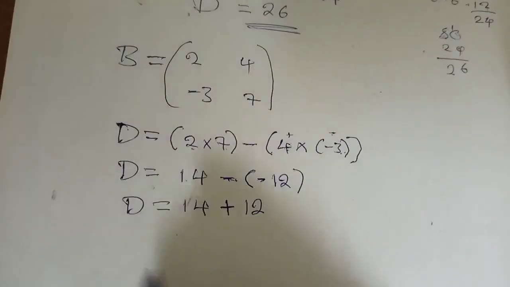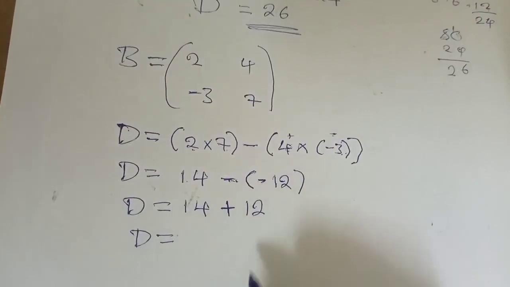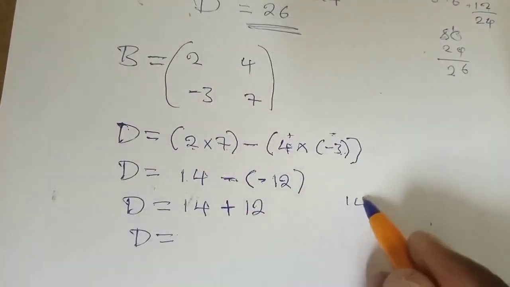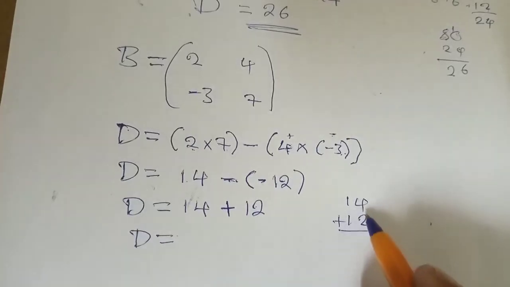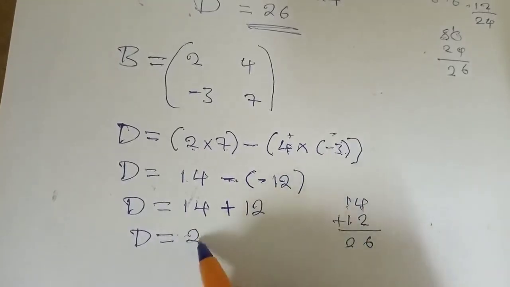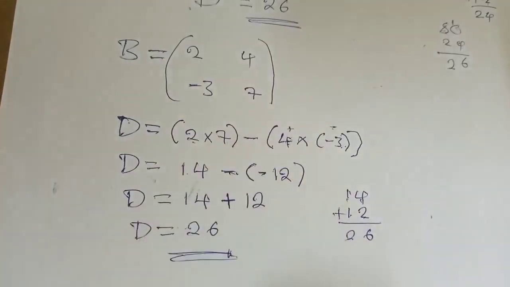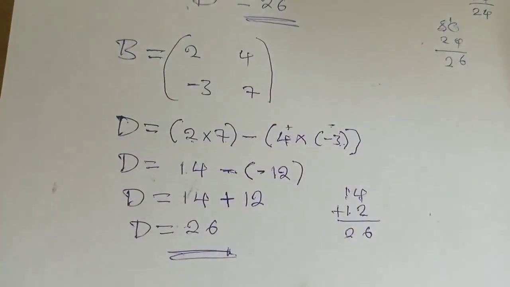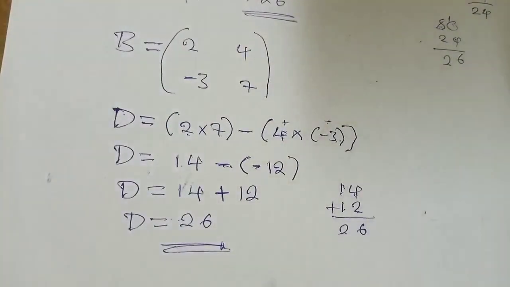So the determinant is 14 plus 12. 4 plus 2 is 6, 1 plus 1 is 2, that is 26. So the determinant of this matrix is 26.